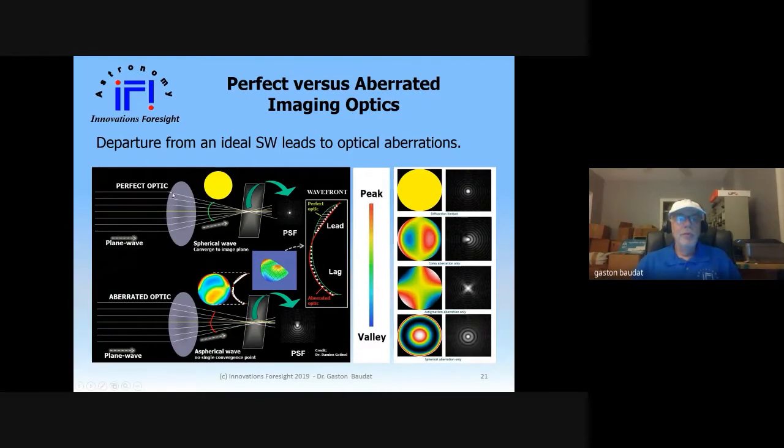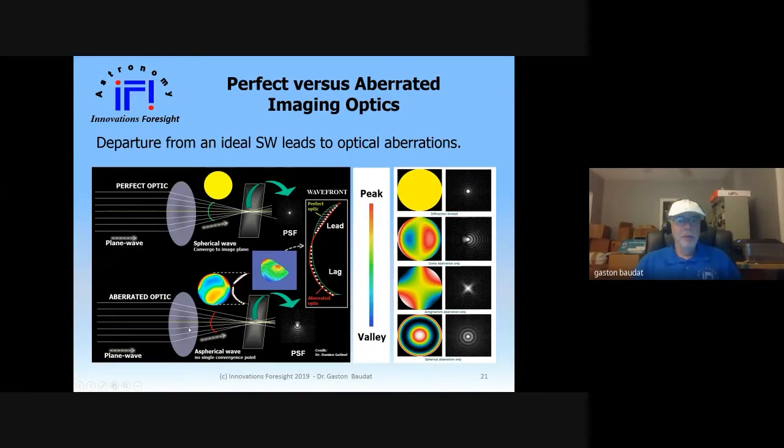And I told you before, the shape of the wavefront after the optic of the telescope is a spherical wave converging to one point. And that will be the shape, basically the section of the spherical wave in this example. So you get your PSF. So you translate a plane wave to a spherical wave, and you get a point, almost a point, because of diffraction.